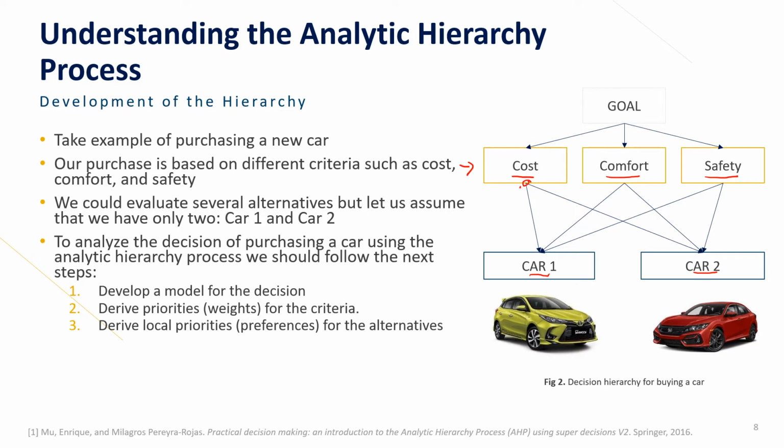Which one will be more preferred by the decision maker? And then next we will move to comfort. Compare car 1, car 2, see which one is getting more priority or is more preferred by the decision maker. Based on several local priority comparisons, we will derive the overall priority, or we call it model synthesis.